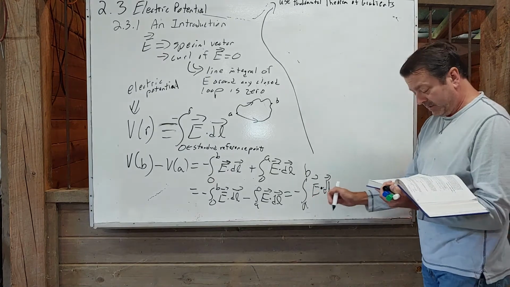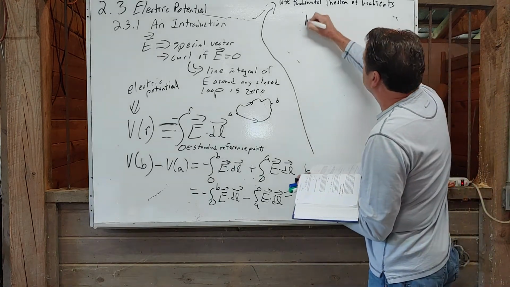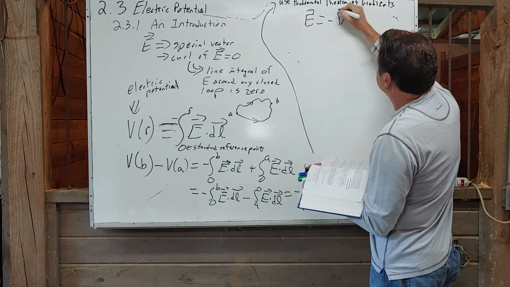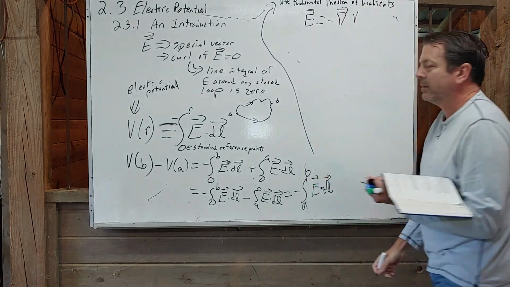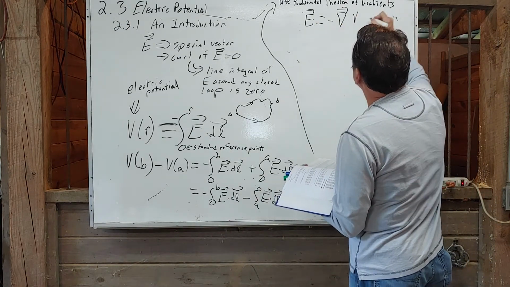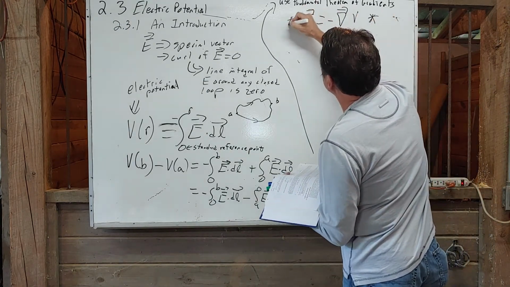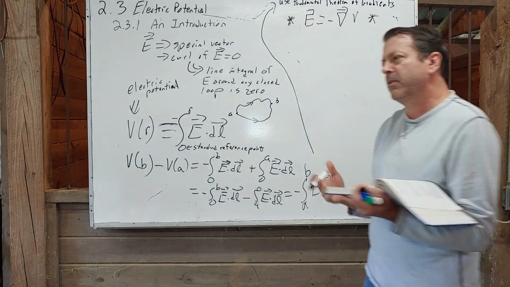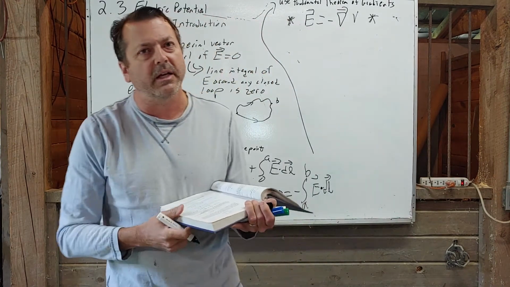So you can show that the electric field is equal to minus del V. And that, my friends, is the big idea. As long as you take the gradient of the potential, you can get the electric field.